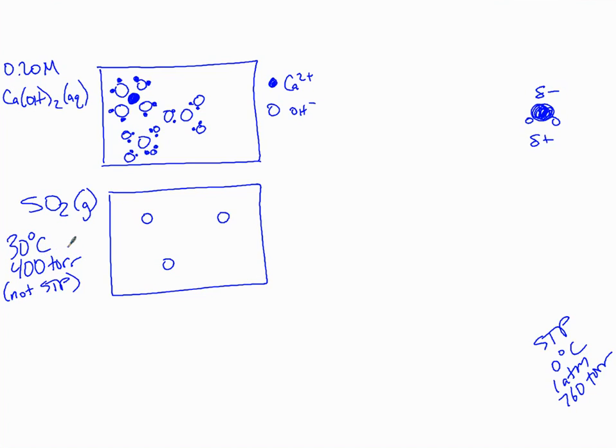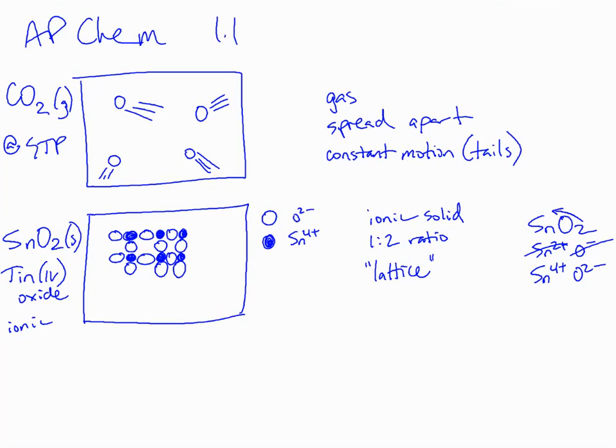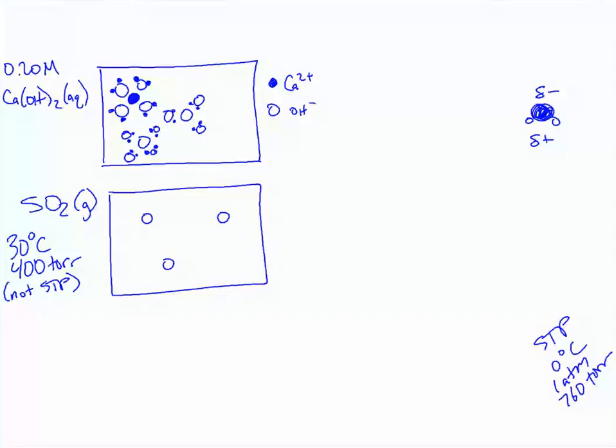What hotter means is that it has more energy, which means they're moving faster. So I'm going to look back over here. The tails of my CO2 at 0 degrees Celsius are this long. I'm going to make these tails longer because it's hotter. Does that make sense? The hotter something is, that means it's got more energy, and that means it's moving faster.